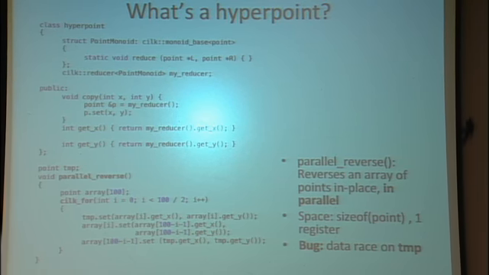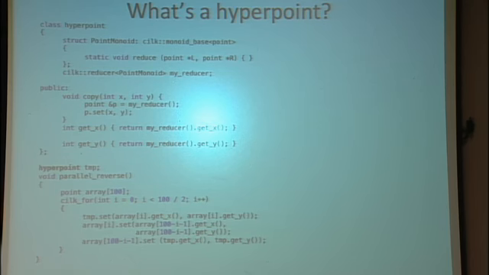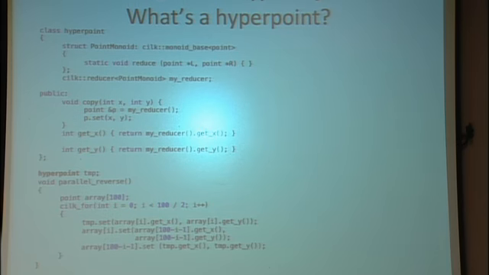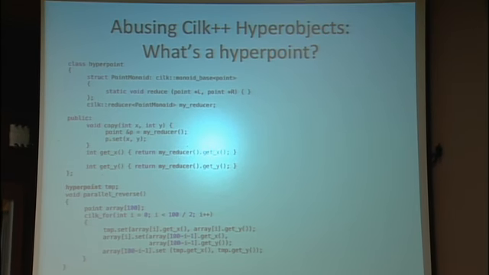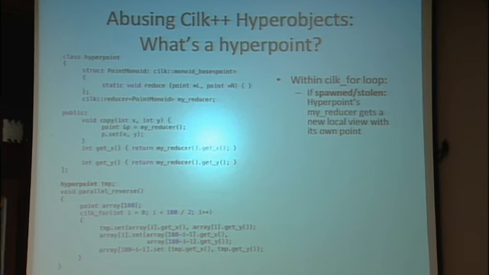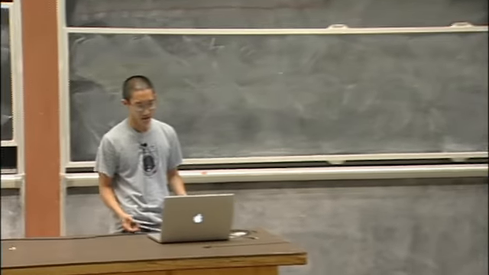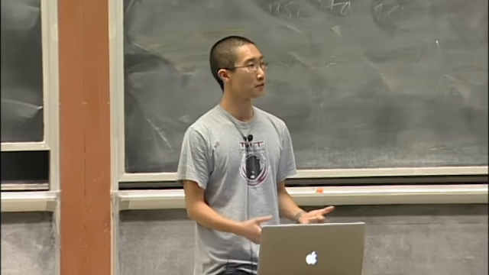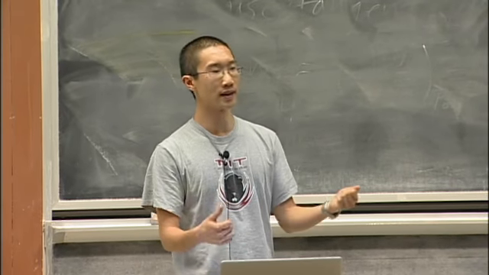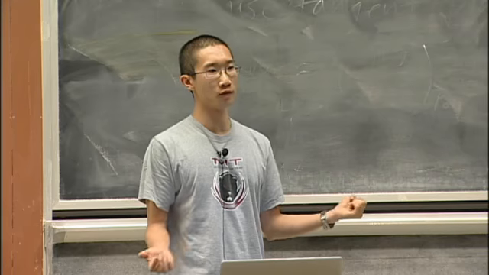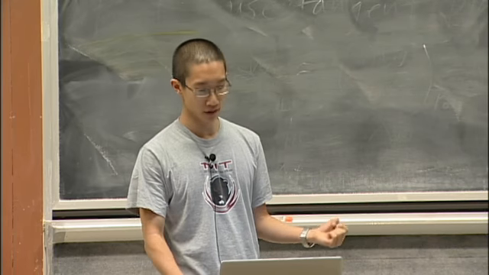So now what I do is I replace my point with a hyperpoint. What does the hyperpoint do? Within each iteration of the Silk for loop, if the work of that iteration has been stolen or spawned off, then the hyperobject, because it has a reducer within it, will get a new local view, which is a new point object to use.